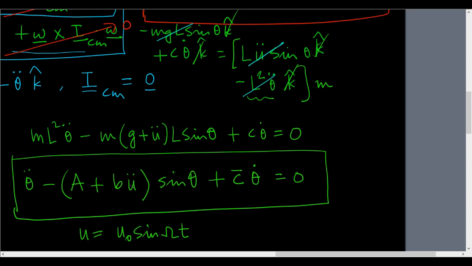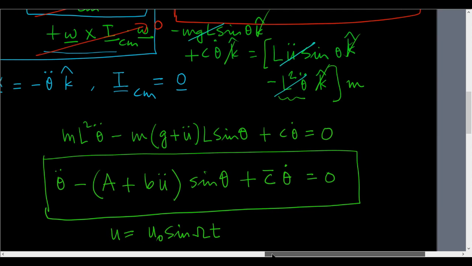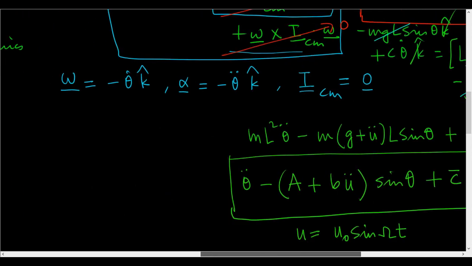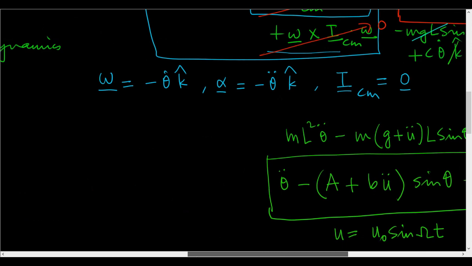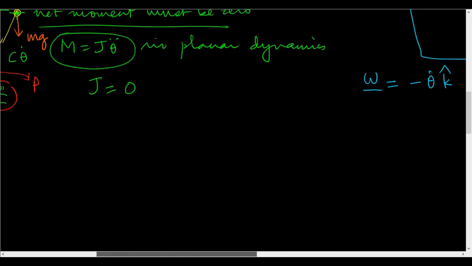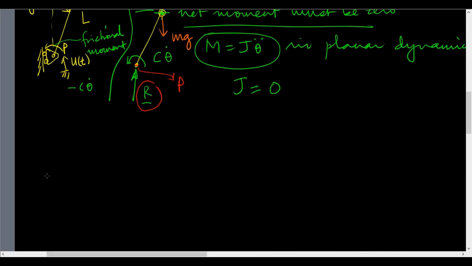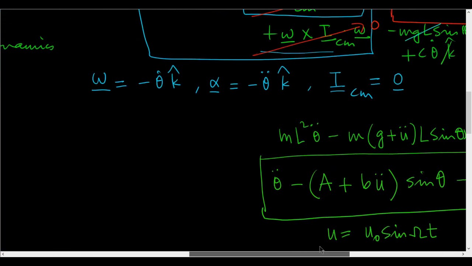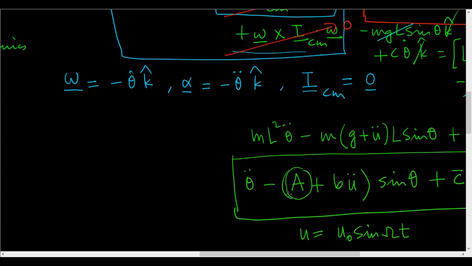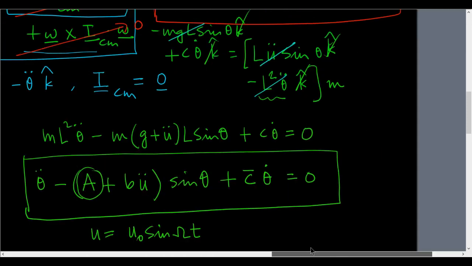That means we'll have theta double dot plus c bar theta dot. I hope you don't mind if I change this a to just 1, because it's just a choice of units of time.